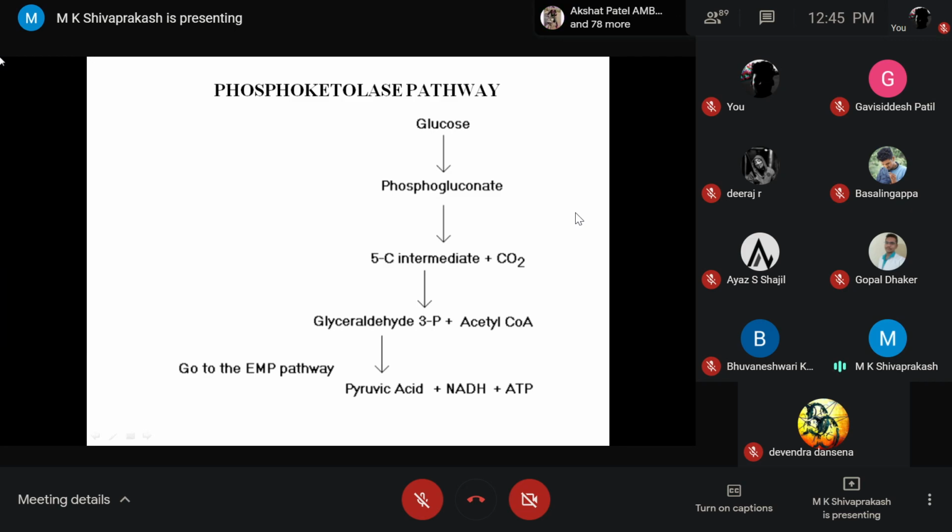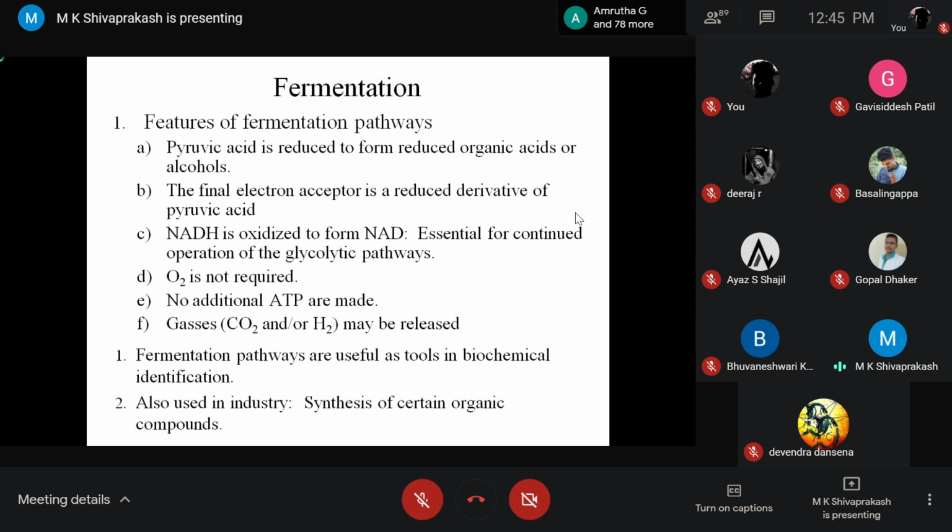Like there, this glyceraldehyde 3 phosphate that is released again follows the classic EMP pathway from that stage onwards to yield a molecule of pyruvic acid, NADH and ATP. These are some of the slight alternate things that you come across in glycolysis.